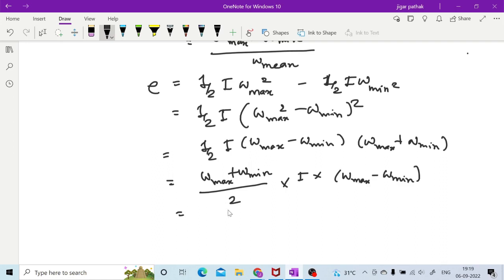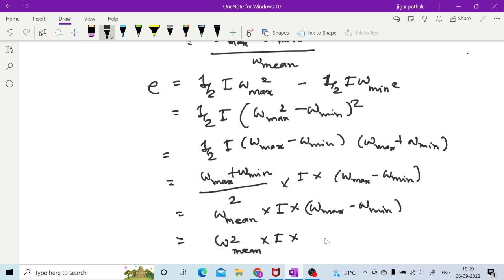Now omega max plus omega min by 2 is nothing but the mean or average omega, then I, then again omega max minus omega min. Now you are going to multiply it with omega mean, so it is omega mean square into I into omega max minus omega min, and divide by omega mean, because you have multiplied with omega mean and divided by omega mean.